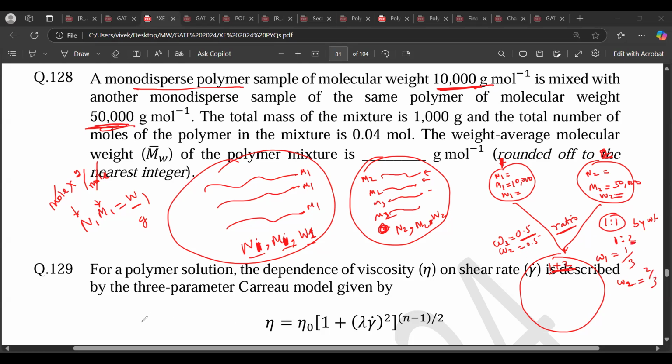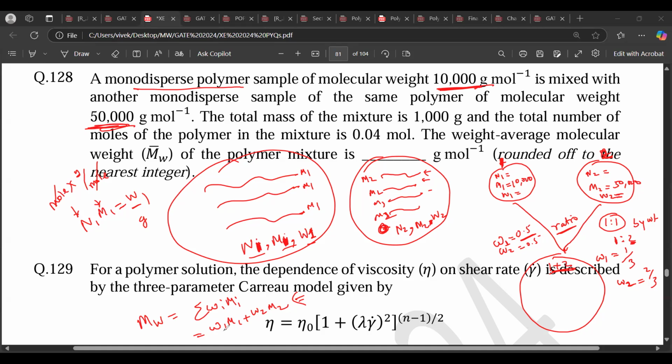Because I can calculate my molecular weight, right? So your MW is the summation of wi Mi, if you remember the formula. That is small w1 M1 plus small w2 M2. If I know my w1, w2, and M1, M2 are already given, I can get my answer, right? So my only goal is to calculate w1, w2.